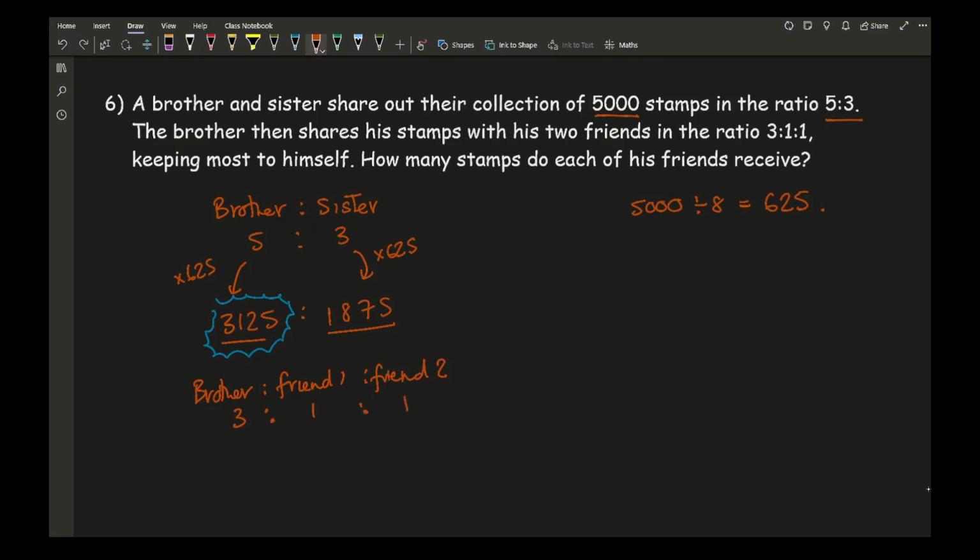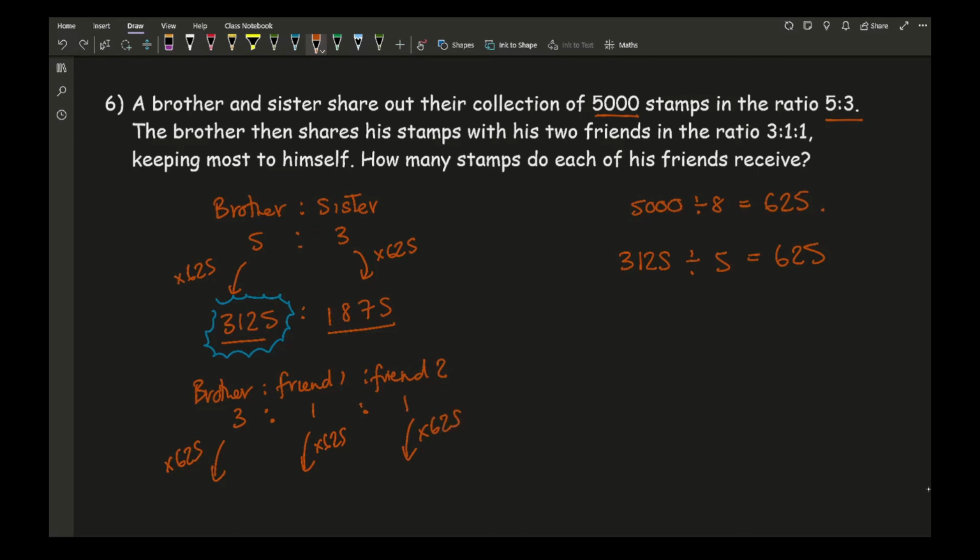So now what I've got to do is share 3,125 in the ratio of 5 by adding 3 plus 1 plus 1 together. So I've got 3,125 divided by 5 gives me an answer of 625 again. So here I'm going to do 3 times 625, 1 times 625, and 1 times 625.